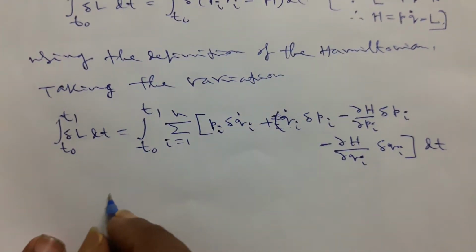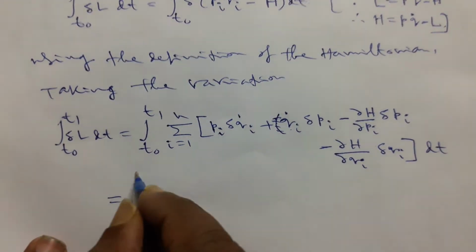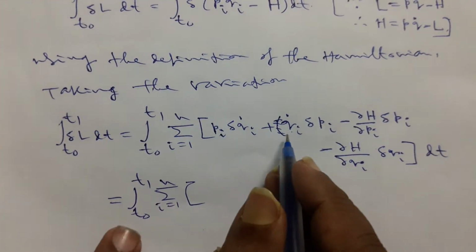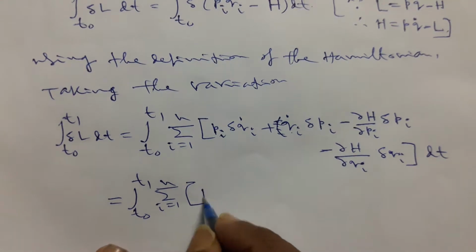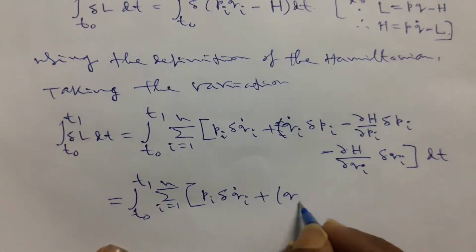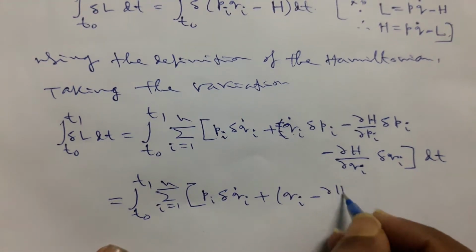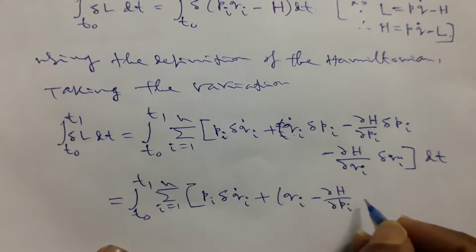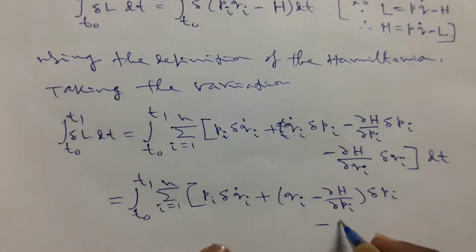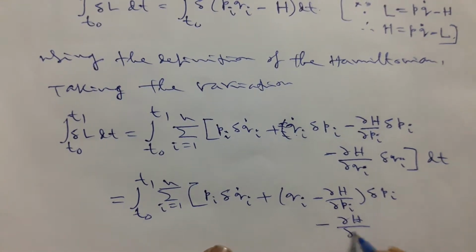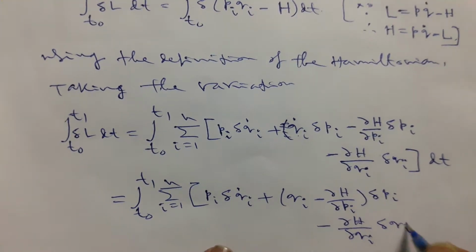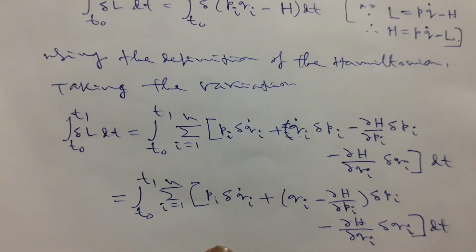So just grouping it, the integral t0 to t1 of the sum of i equals 1 up to n of pi del qi dot plus qi dot minus del H del pi, variation of del pi, minus del H del qi del qi, and dt.